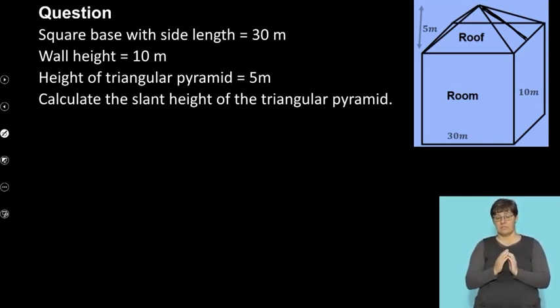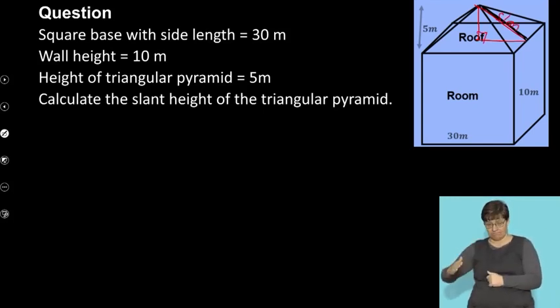The wall height of the building is 10 meters, and the height of the triangular pyramid is 5 meters. But if I'm going to be calculating my slant height, that means I'm going to need to form a right angle triangle so that I can do Pythagoras, because that will allow me to calculate my slant height.